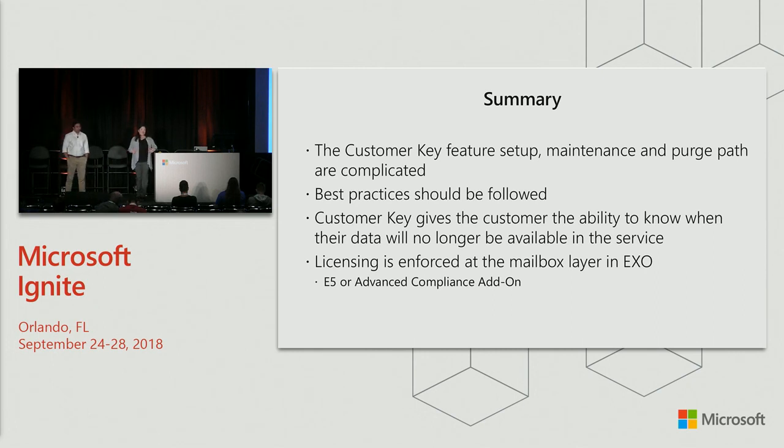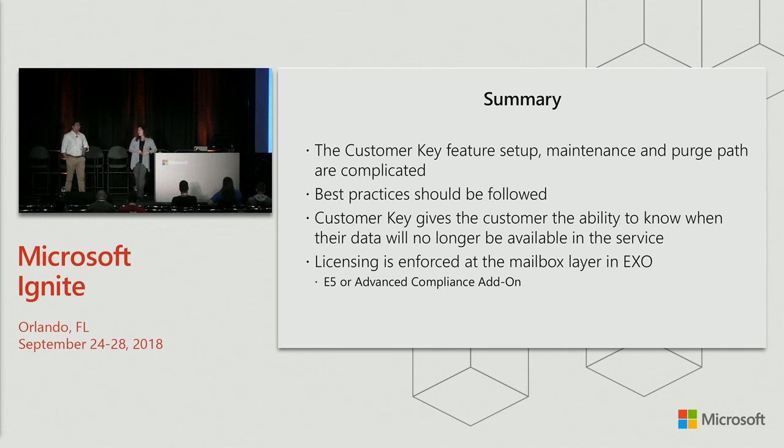If you do purchase E5, it includes both. Correct. That is right. But with the advanced compliance add-on, it includes mine, but it doesn't include his, for example, right? Certain features are in certain add-ons in Office 365, but E5, for example, has nearly everything. Yep, that's right.